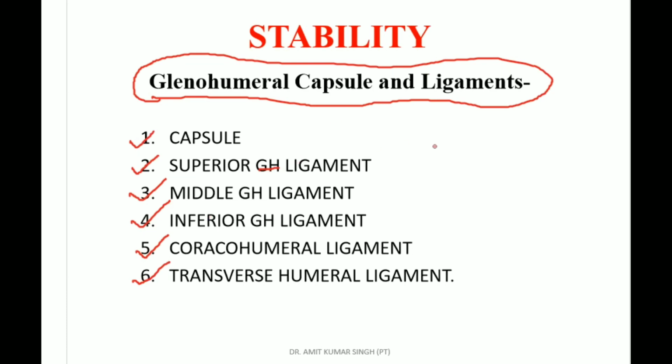The glenohumeral ligament is divided into 3 divisions: superior, middle and inferior. Apart from that, we have the coracohumeral ligament and transverse humeral ligament.